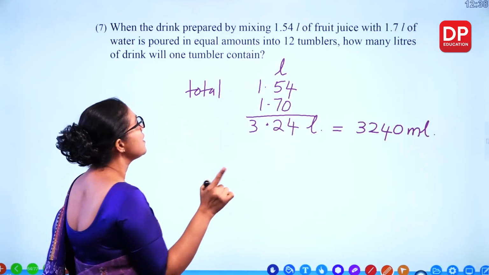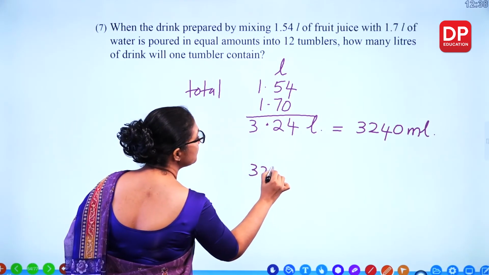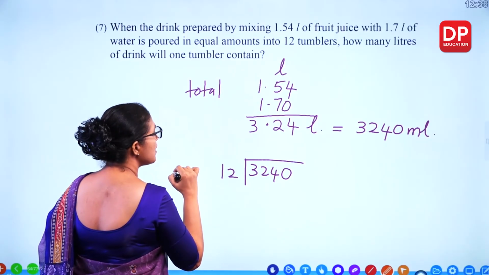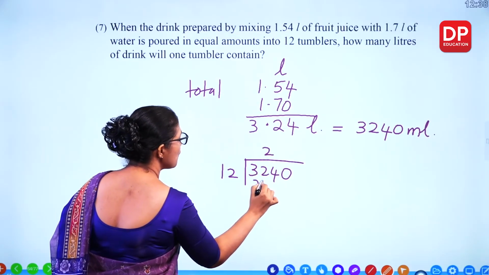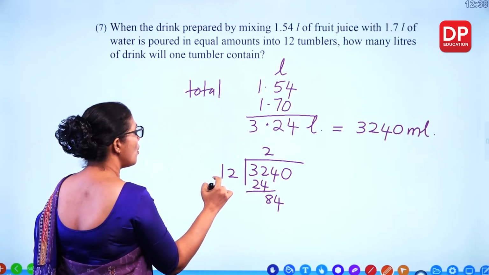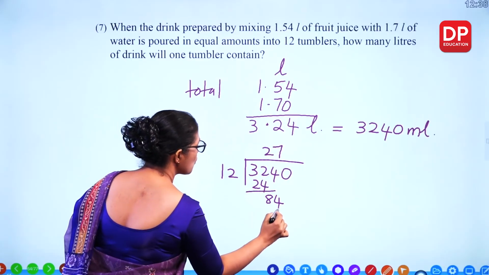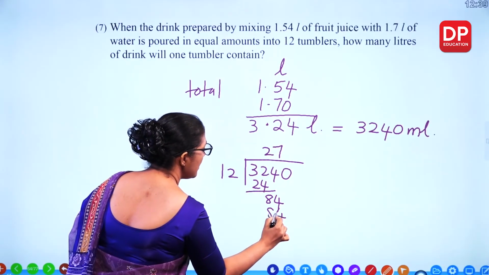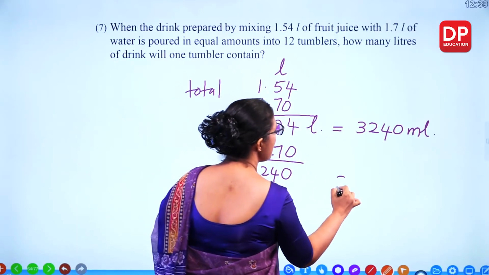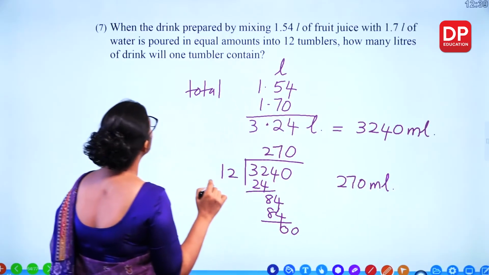So you have to divide this by 12. 12 times 2, 24. For 84, we can multiply by 7. 7 times 2, 14 and 8. So that means 270 milliliters for each tumbler.